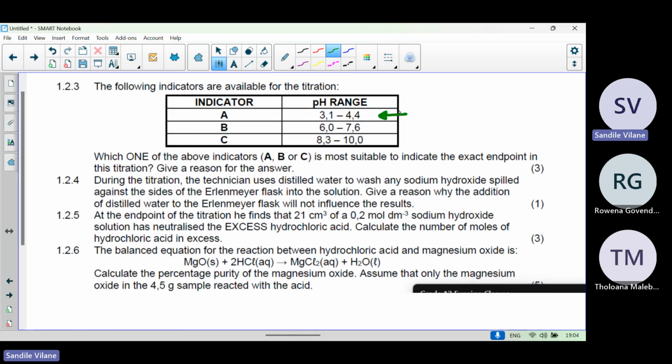This is less than 7, which means it's acidic, so the salt must be acidic. But this is around 7, approximately 7, so the salt must be neutral. And this is way above 7. That is alkaline, it's basic. Therefore, my indicator here will be B.